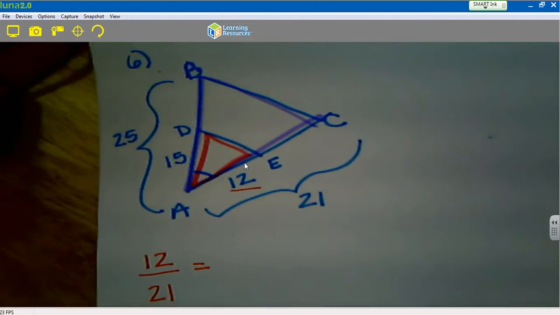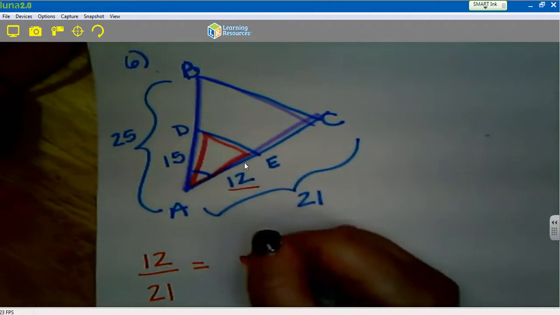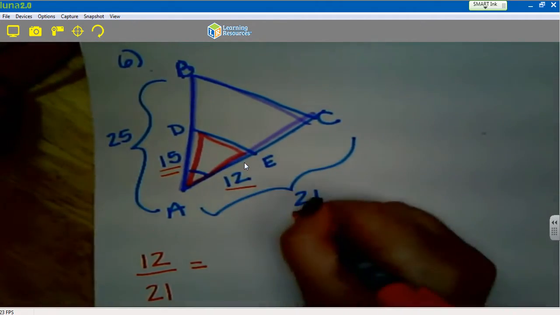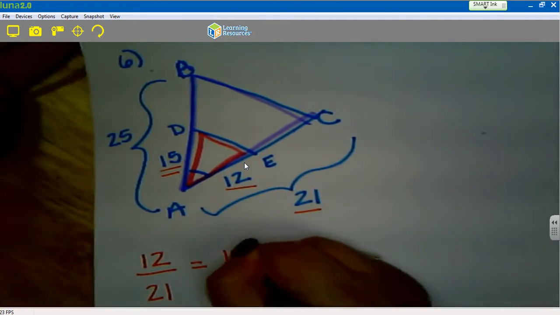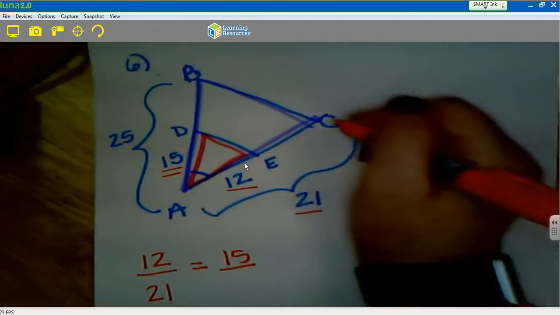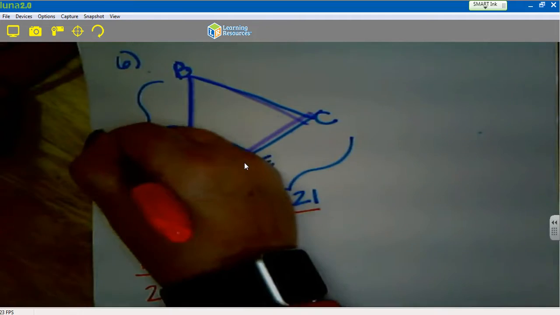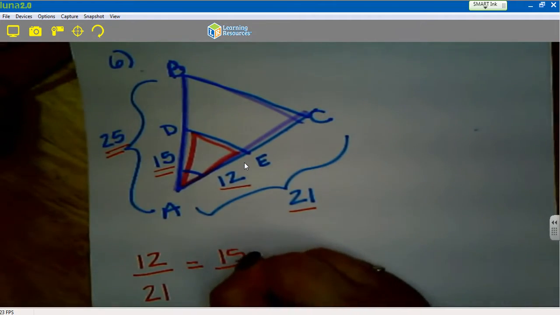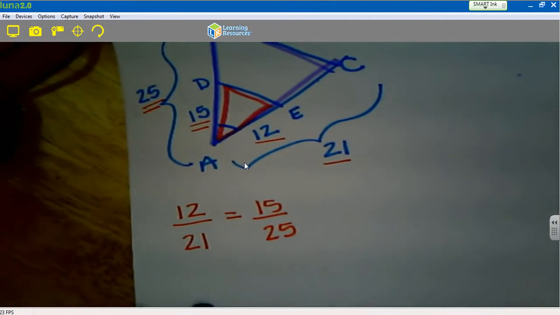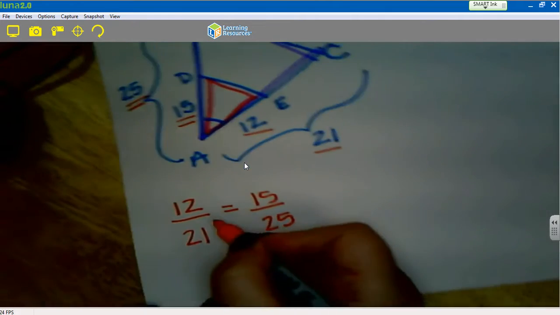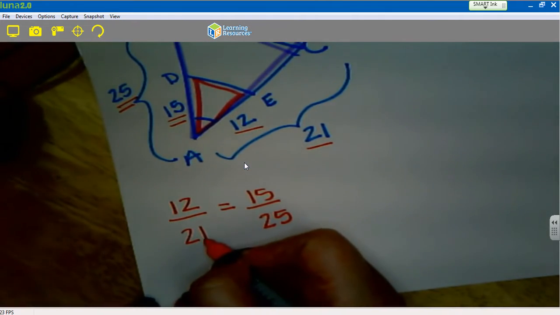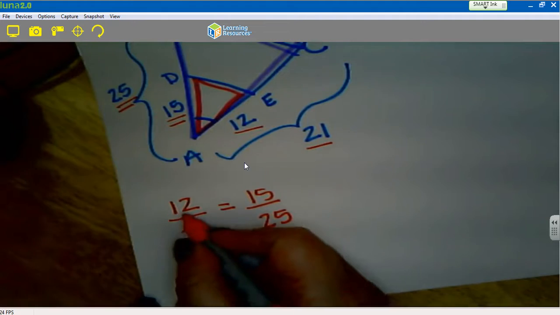Okay, let's go back to the little triangle. The larger side there is 15. Larger side on the big triangle is 25. So let's see if they simplify. 12 over 21 has a common factor of 3.